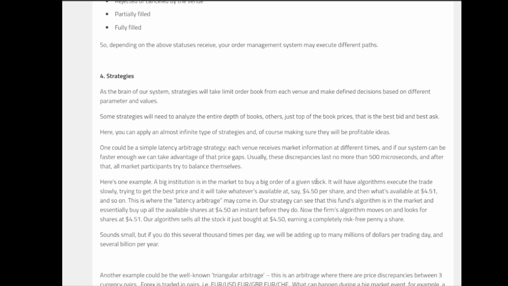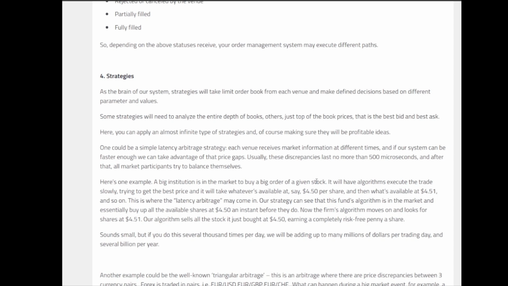So, for example, in the market, a big institution buys a very, very big order of a given stock at $4.50 per share, and then what's available is at 451, based on what the market is like at the moment.